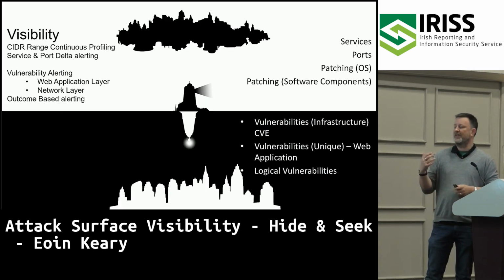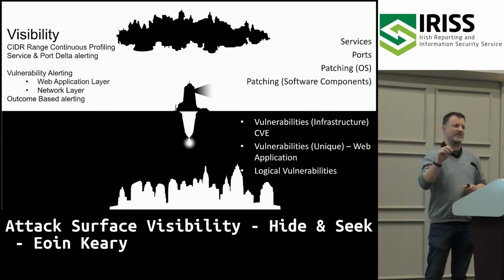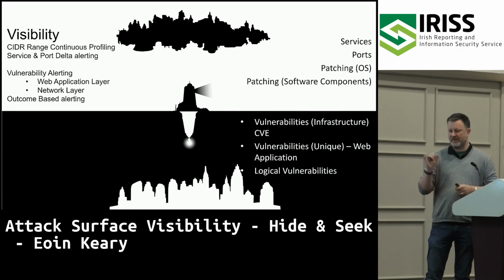So, when companies have an IP range rather than individual IPs, the idea will be to have visibility of the entire range. So if something gets deployed without permission, it breaks change control rules, things like that.